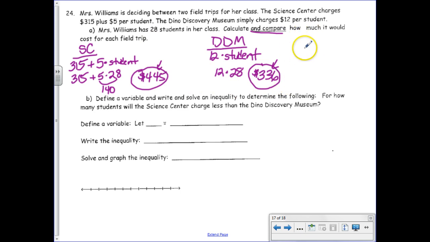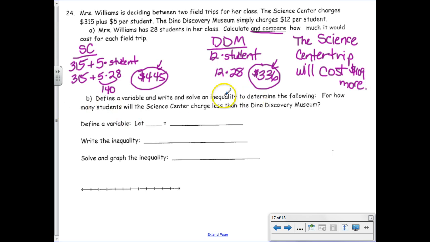You could say, the Science Center trip will cost more or is more expensive. And if you wanted to get real specific, you could tell me exactly how much more. It's over $100. Good grief, $109 more.